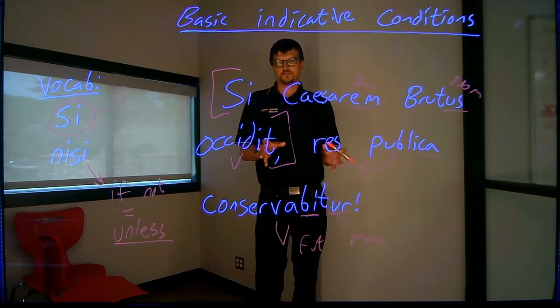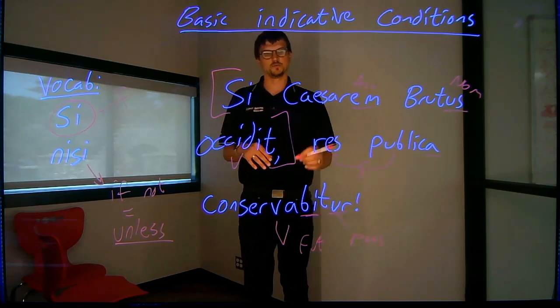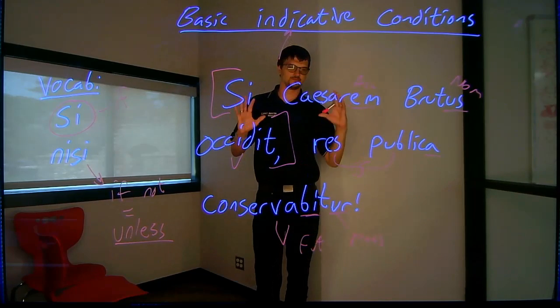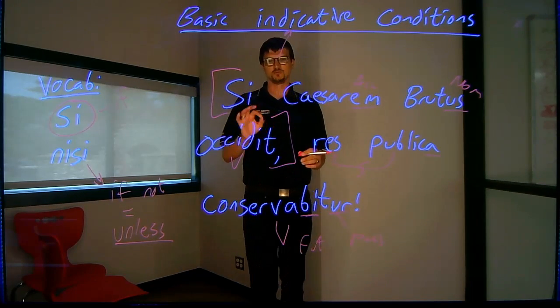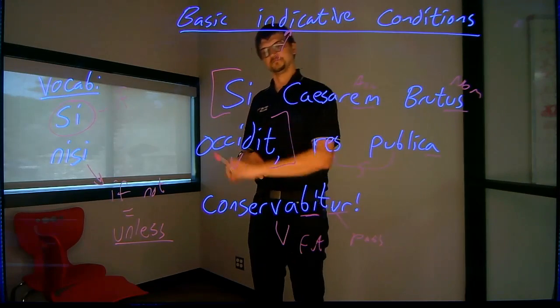The uncertain future is actually reserved for a subjunctive, which we'll get to in this video, but that's just not what's going on here. We have indicative conditions right here, and therefore everything's a certainty. Okay? So, one more time, if Brutus kills Caesar, the Republic will be saved.